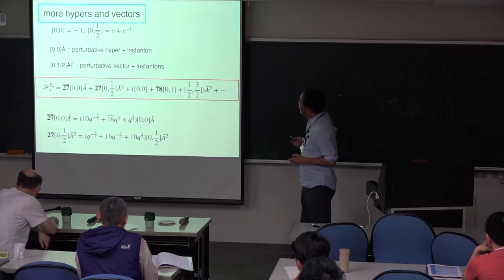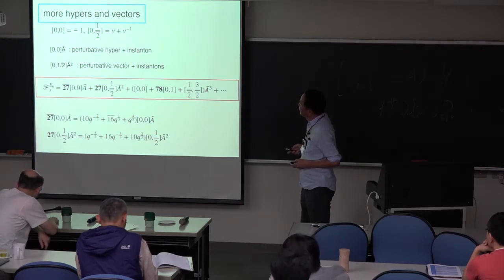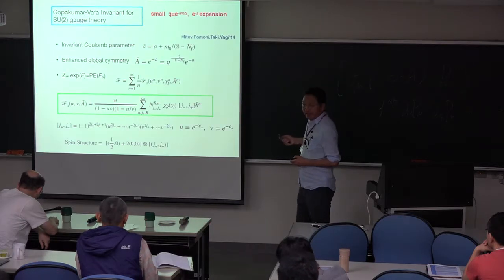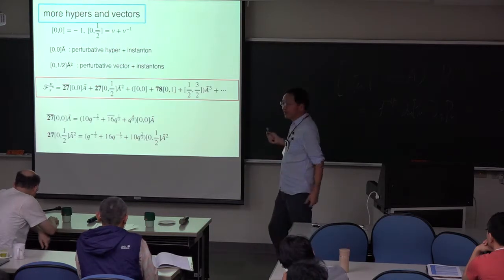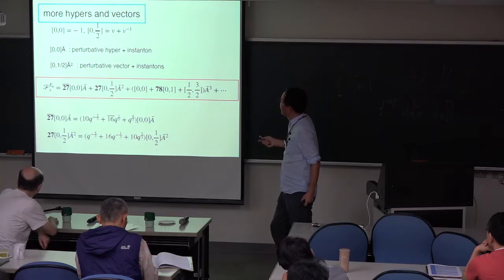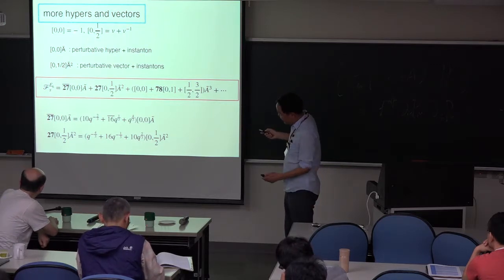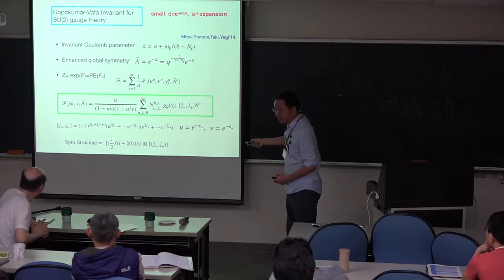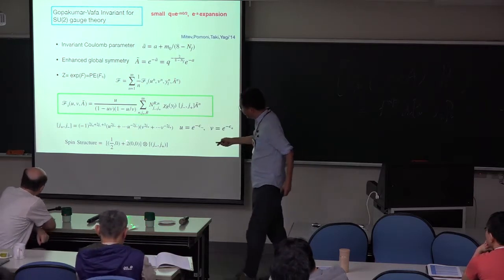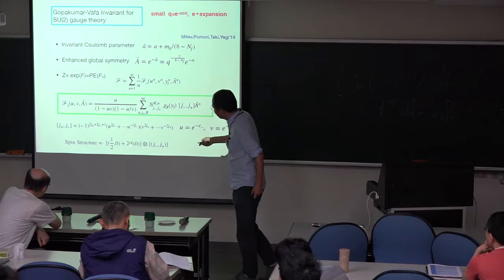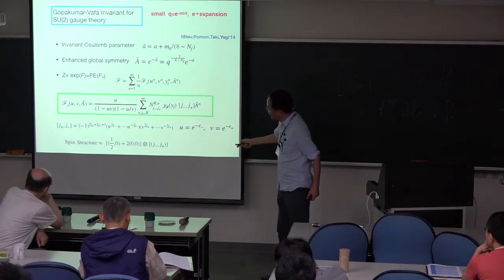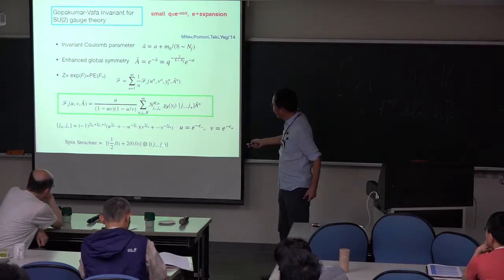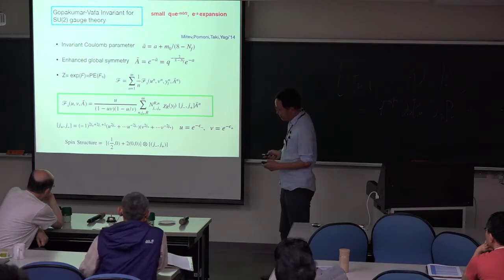So let's look at the examples. If we have a perturbative part, there's a free hypermultiplet, and there the internal angular momentum is given by this, with the external fermionic and bosonic contribution. So if it's (0, 0), then it's a hypermultiplet. (0, 1/2) is a vector multiplet.